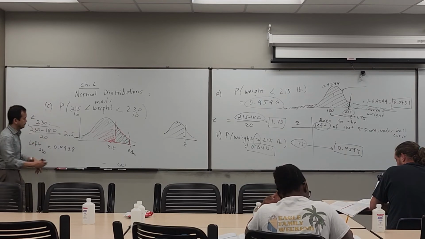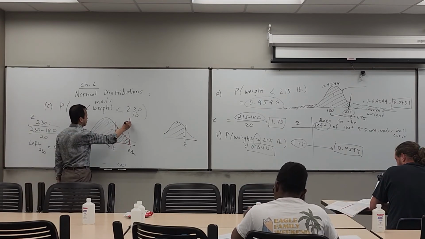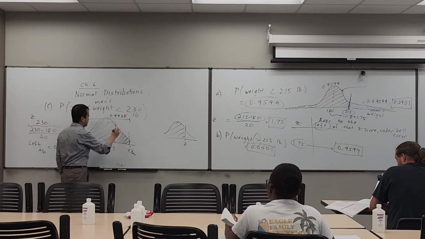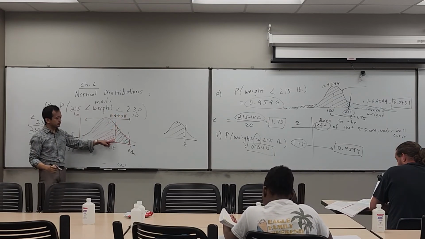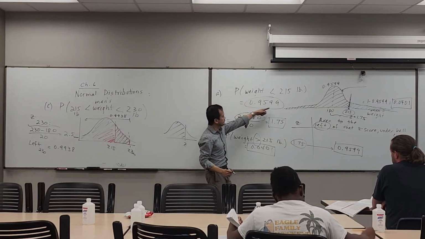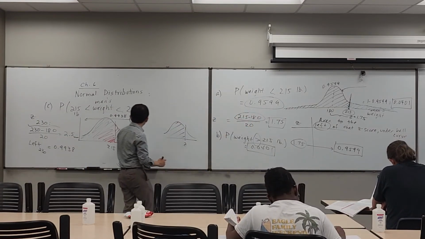So that's the left area. Here is 0.9938. And then we want to subtract out the left area of 215, which we actually already calculated in an earlier question. That was 0.9599.